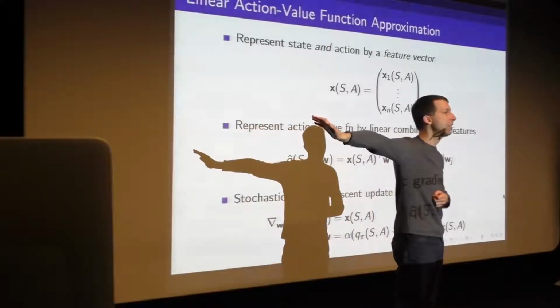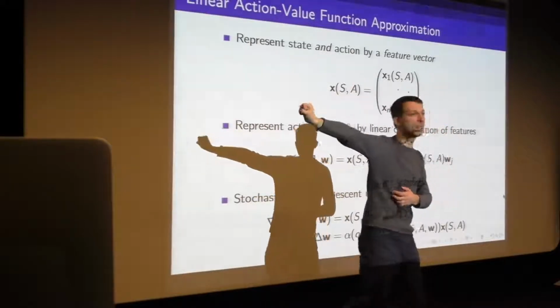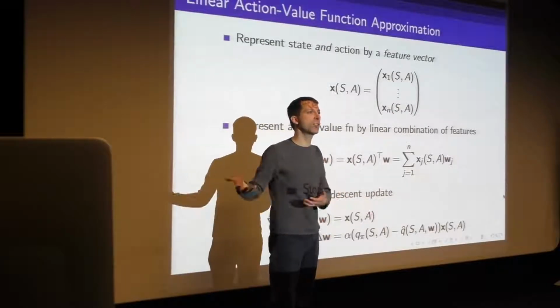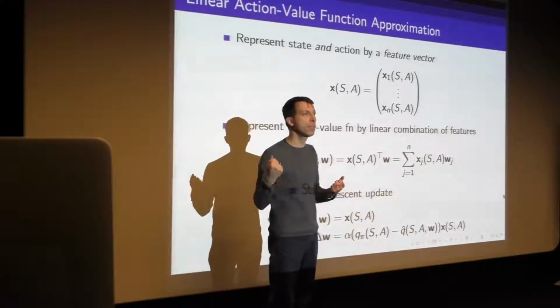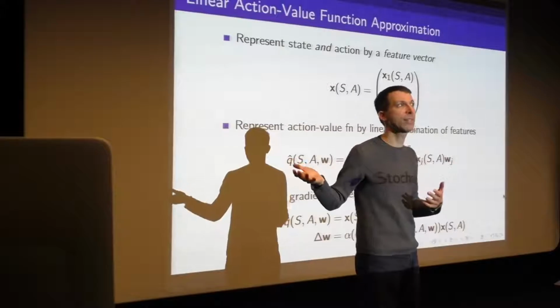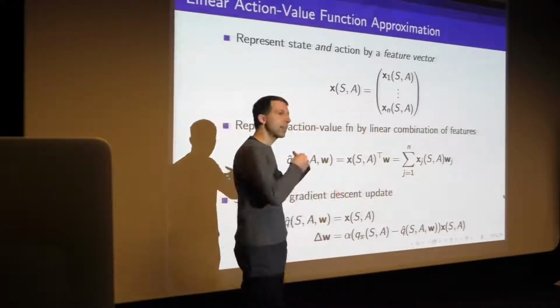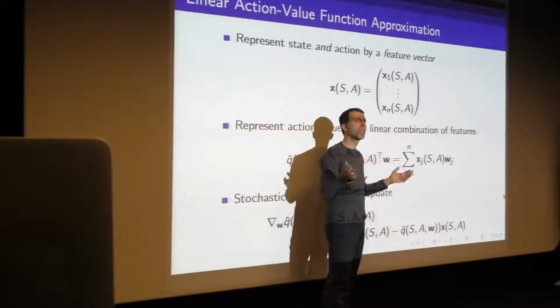And I might have another feature that says, how far am I away from this wall if I'm moving backwards? These are functions of both the state and action which I take. There's just going to be some number telling us each of these cases. And maybe it's just 0 if I'm not doing the action which I was interested in. Or maybe we generalize across actions. And so that's going to give us a feature vector that tells us about the whole state action space.